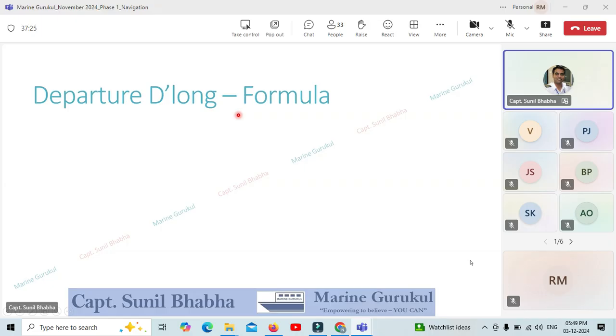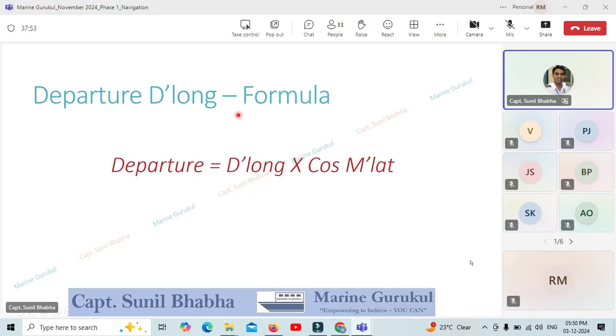That means 1 minute of latitude will be different from 1 minute of longitude. It will be very complicated and time-taking to make a chart having two different scales. So in our plot, we do not use two scales, we only use one scale, and that scale is the latitude scale.